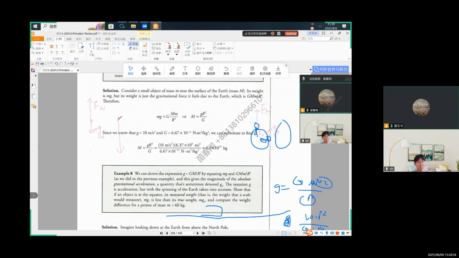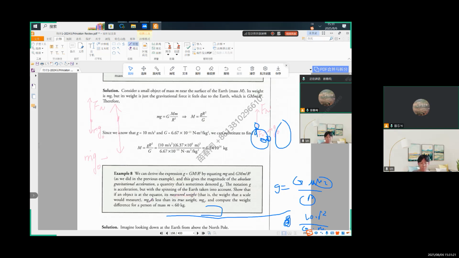So I guess I should draw something like this. Now it's mg0, right? And F normal is what? F normal here is the measured weight.